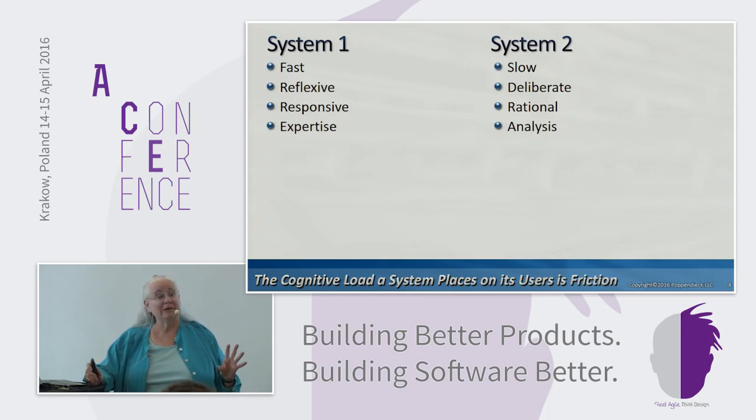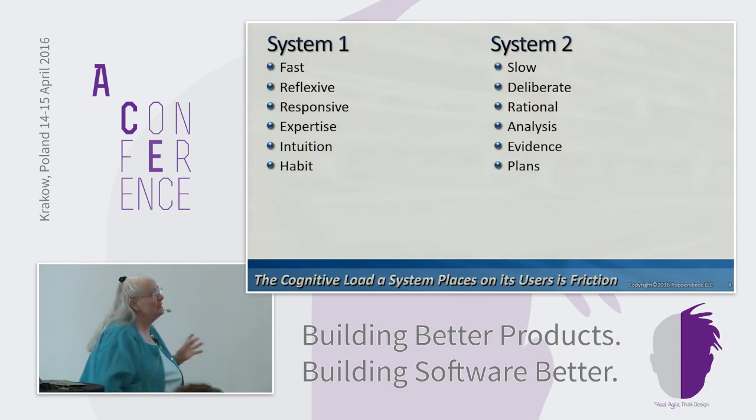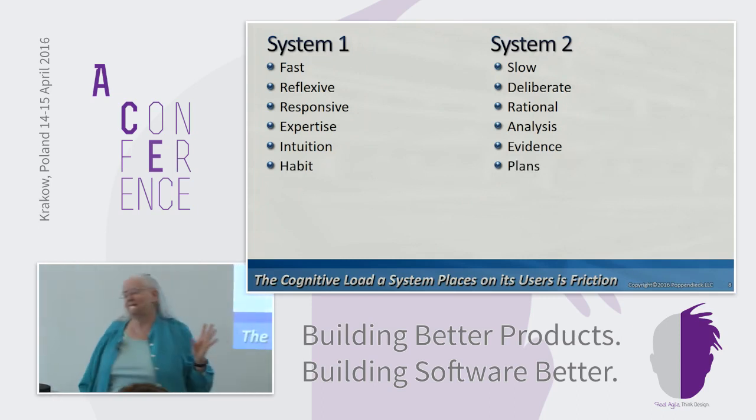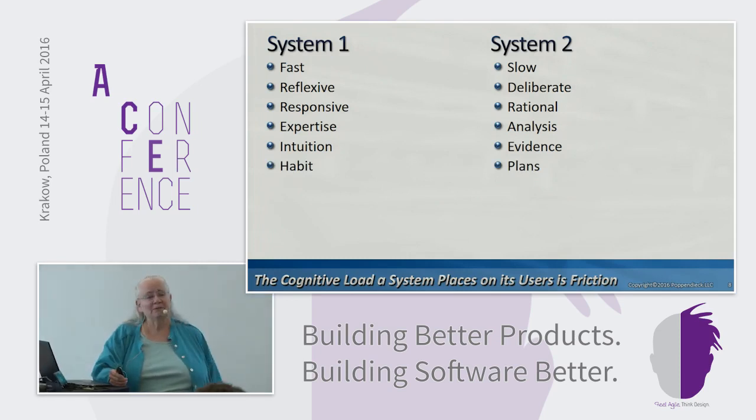System 2 is about analysis, looking at the numbers and checking everything out. System 1 is about intuition, of which there's something to be said for intuition. And system 2 is about having evidence, and there's something to be said for having evidence too. System 1 is about habit. In fact, habit is really hard to overcome. System 2 is about making plans.